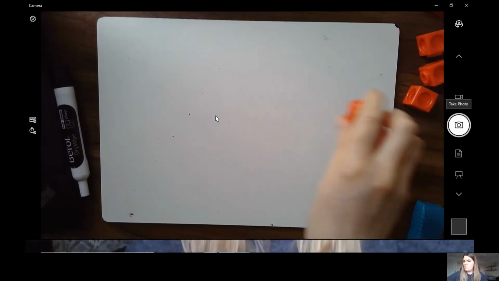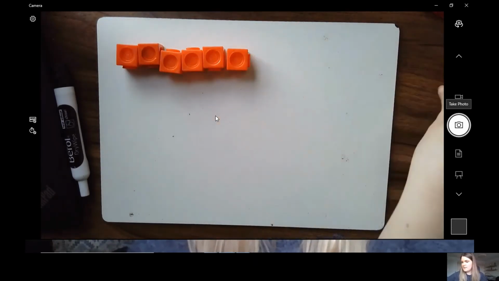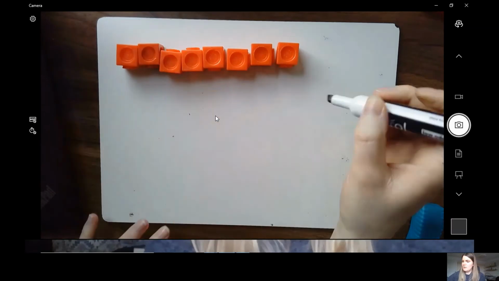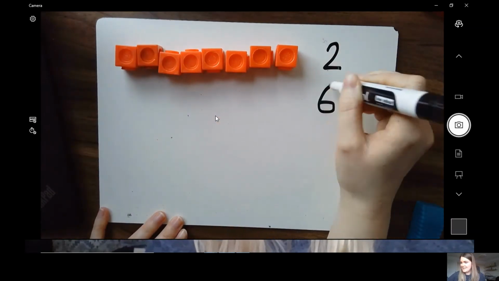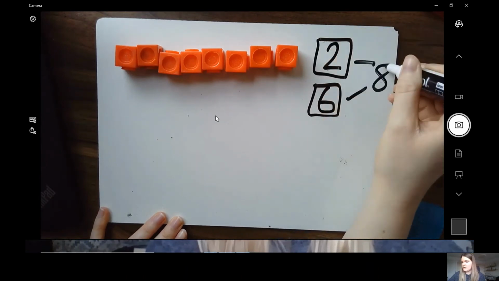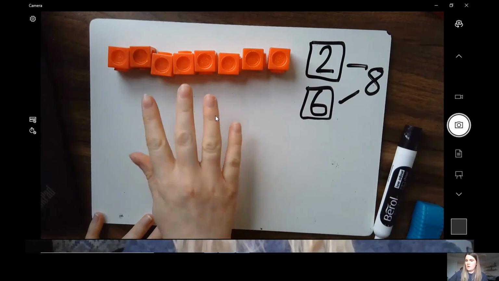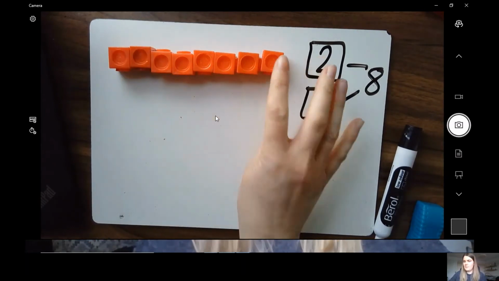Fantastic. So I'm going to get 1, 2, 3, 4, 5, 6, 7, 8. And I'm using my number bond 2 and 6 to help me to solve this equation. Okay, I've got my 8 cubes.